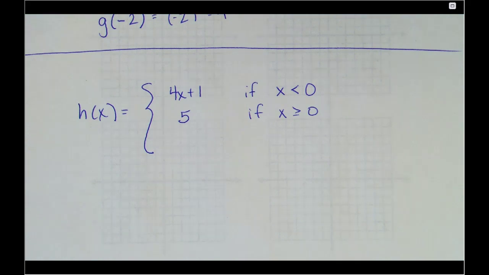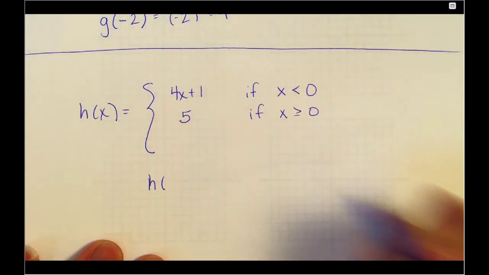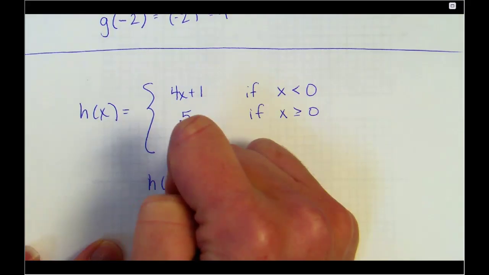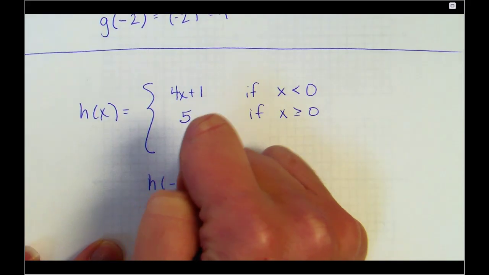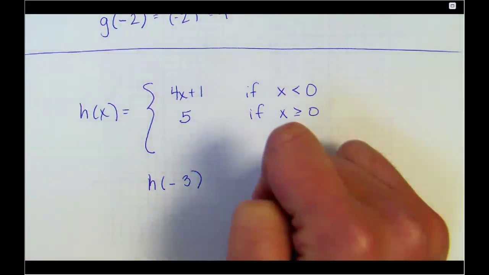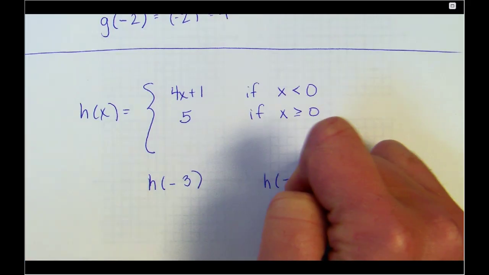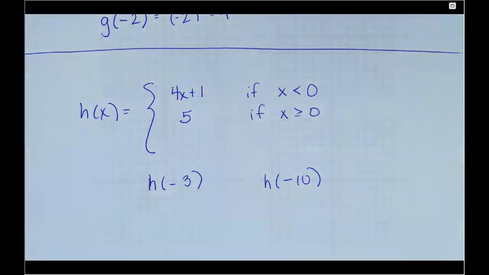Okay, so I'd like you to find h of negative 3 and h of negative 10, please. H of negative 3 and h of negative 10.